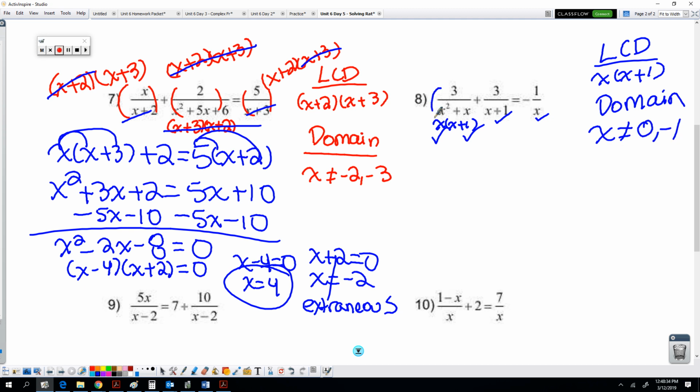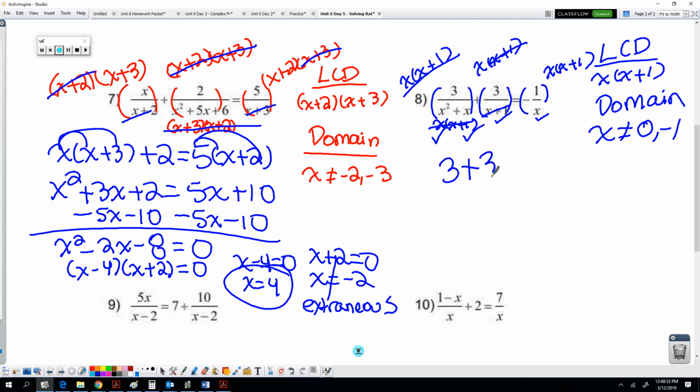So now you multiply that to every single one that you have, every single fraction, to be able to cancel stuff out. And now this and this cancel, so I'm left with 3, plus x plus 1 cancels out, so I'm left with 3x. And my x cancels out, so I have negative 1 times x plus 1.